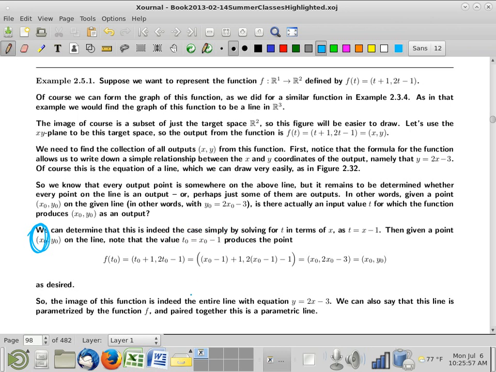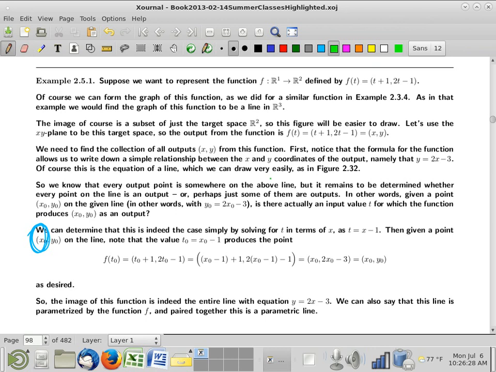Given that value of x naught, if that is going to be produced by this expression, I can solve for t. t is x minus 1, so this then is the value of t that I would expect to produce that value x naught and therefore this point on the line. And then you can just confirm that this actually works.